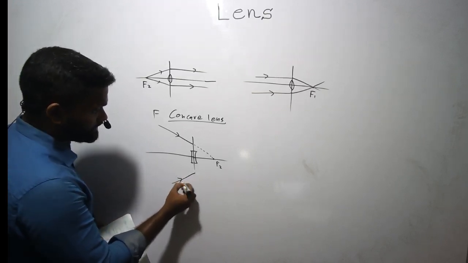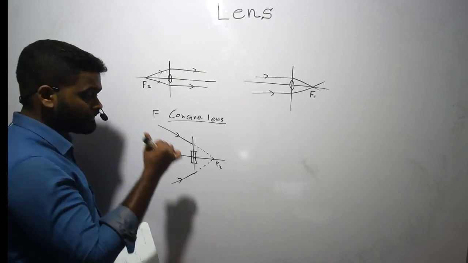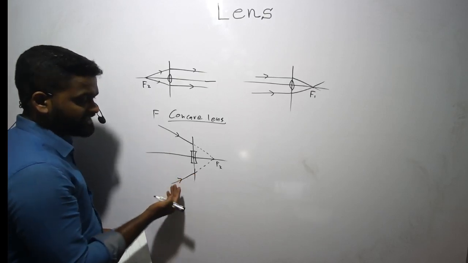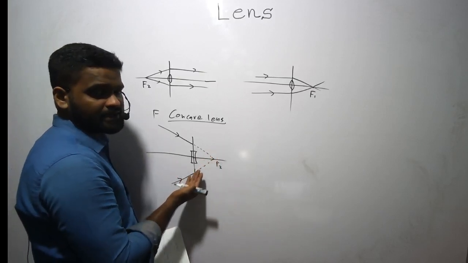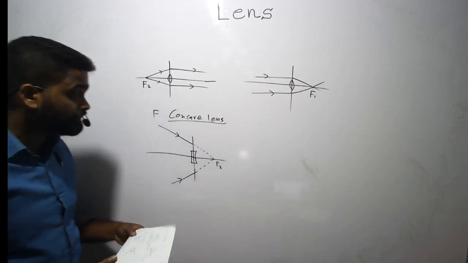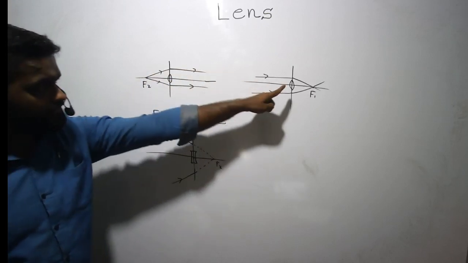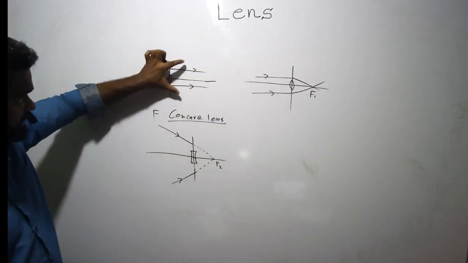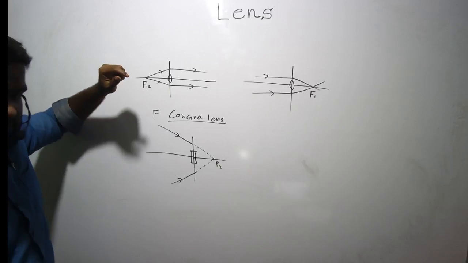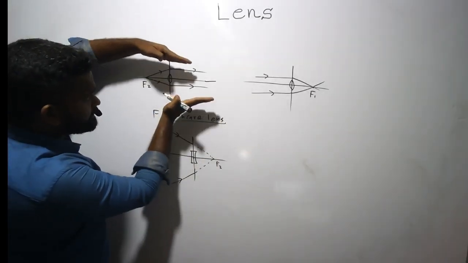Then another light ray, which is also targeting f2. But actually the ray cannot go like this, because there's a lens. So what happens is, this ray gets converged. Converged means the ray was going to go like this, but it was converged.